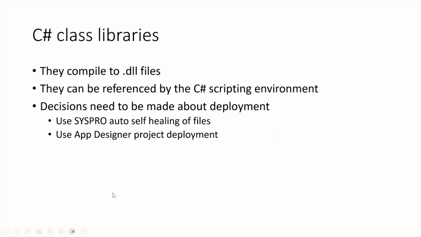The other option you've got is deploying using app designer projects, but if you do that, then don't forget you've got to do that on each client. Or you could build your own deployment solution using Visual Studio, things like that. So there are a number of decisions that you'll have to make as you design the way that you want to deploy your own special DLLs.